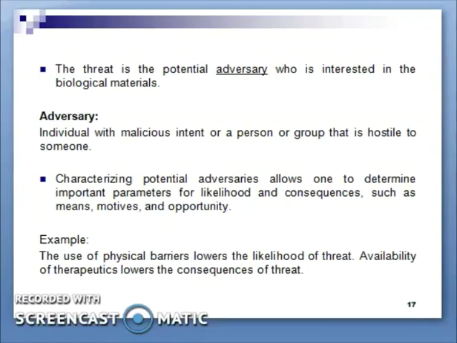This is called an adversary. So characterizing potential adversaries allows one to determine important parameters for likelihood and consequences, such as means, motives, and opportunity. Examples include the use of physical barriers to lower the likelihood of threat. Availability of therapeutics lowers the consequences of threat.